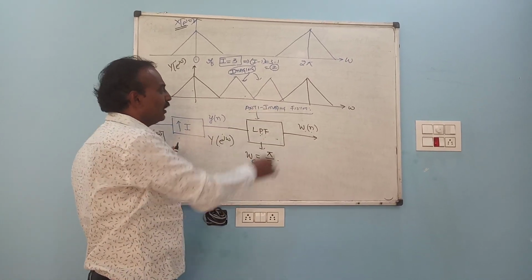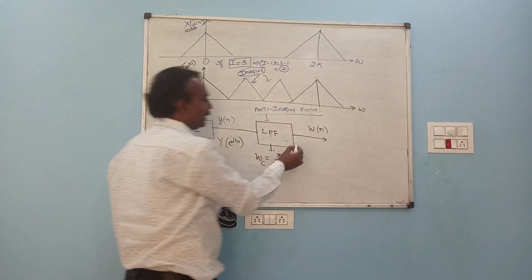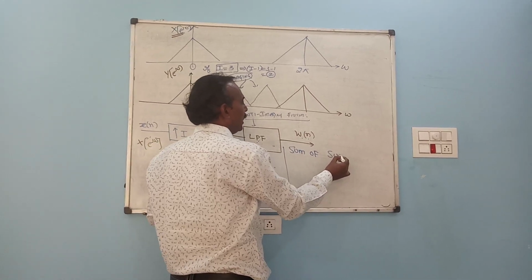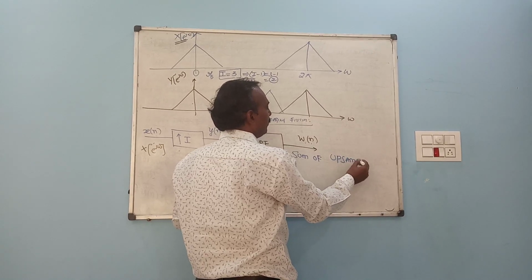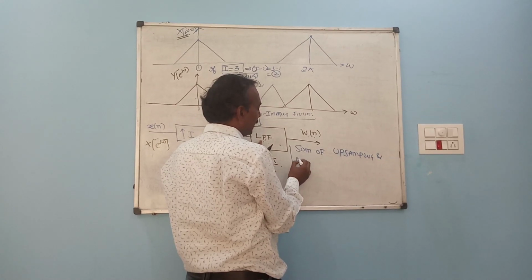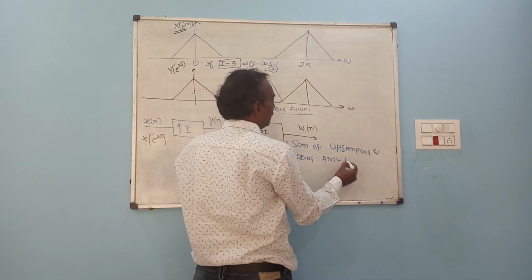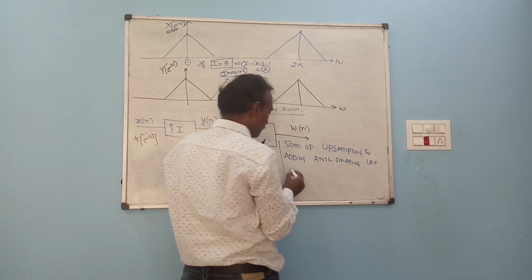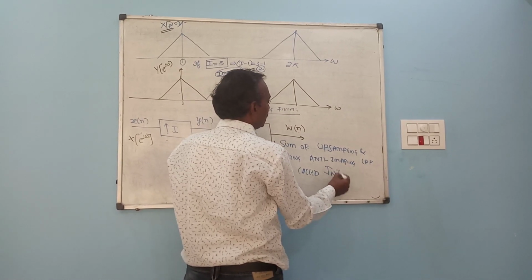And the combination of upsampling and adding an anti-imaging low pass filter is called interpolation.